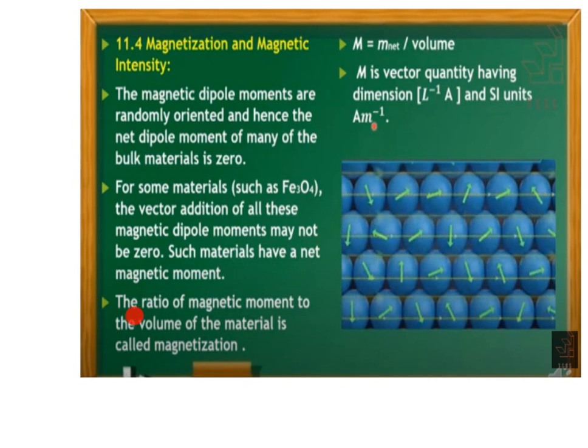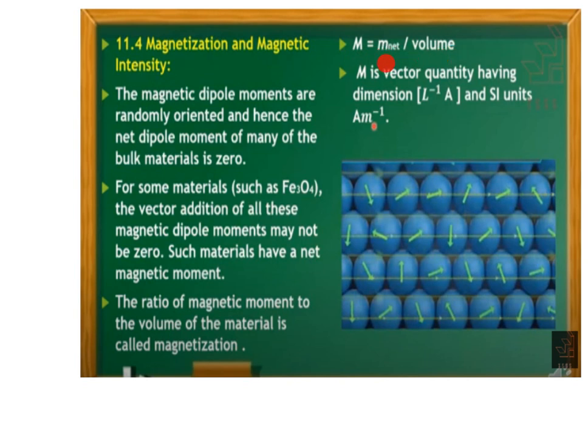So what is then magnetization? Magnetization is the ratio of magnetic moment to the volume of the material. The magnetization is denoted by capital M. That is, capital M is equal to small m net upon volume. What is small m?